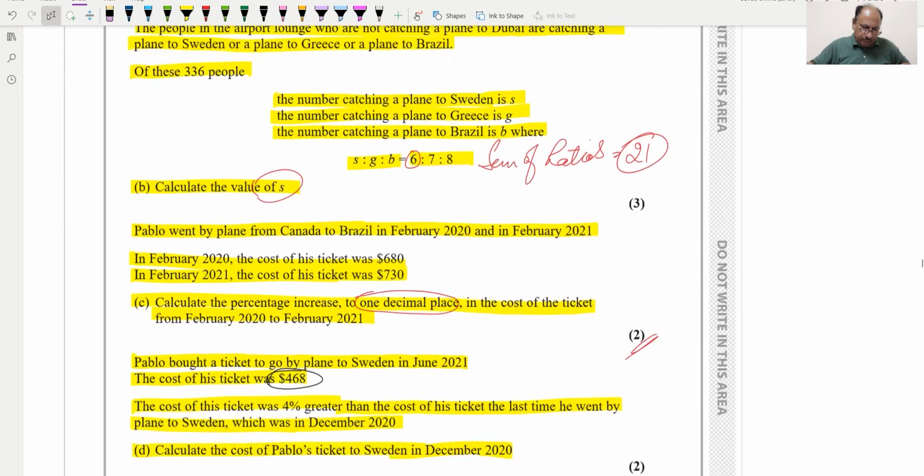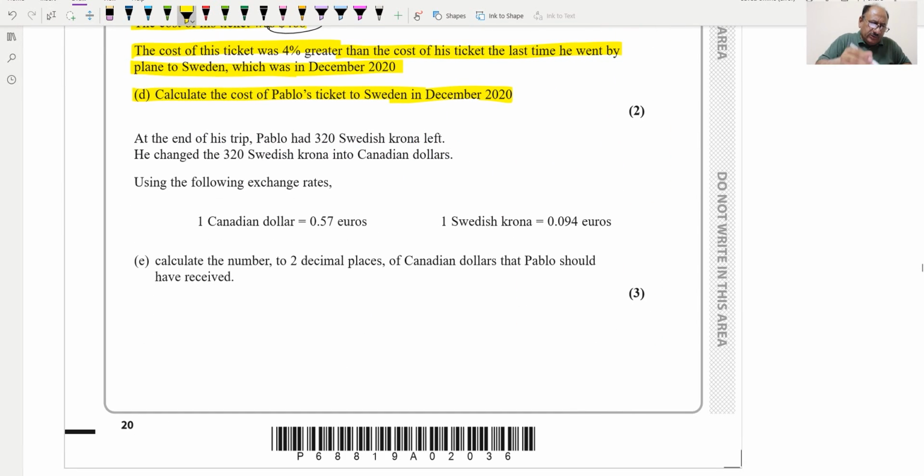Next is part E. Part E says at the end of this trip Pablo had 320 Swedish krona left. He changed the 320 Swedish krona into Canadian dollars using the following exchange rate.